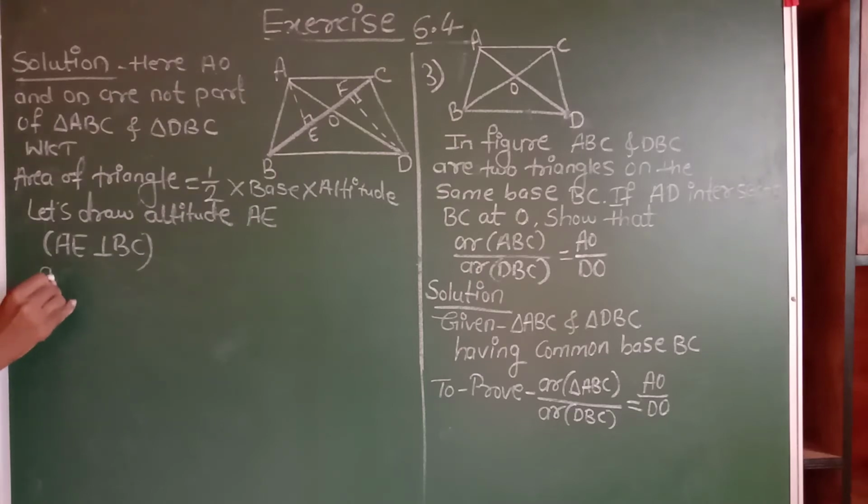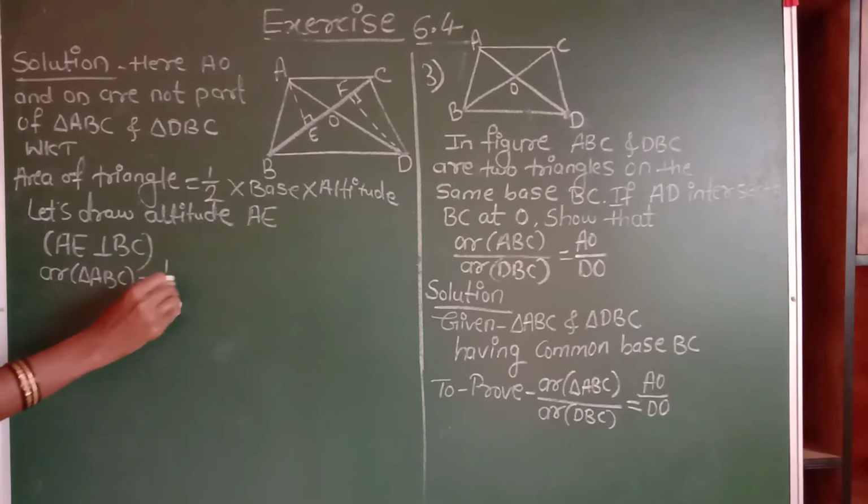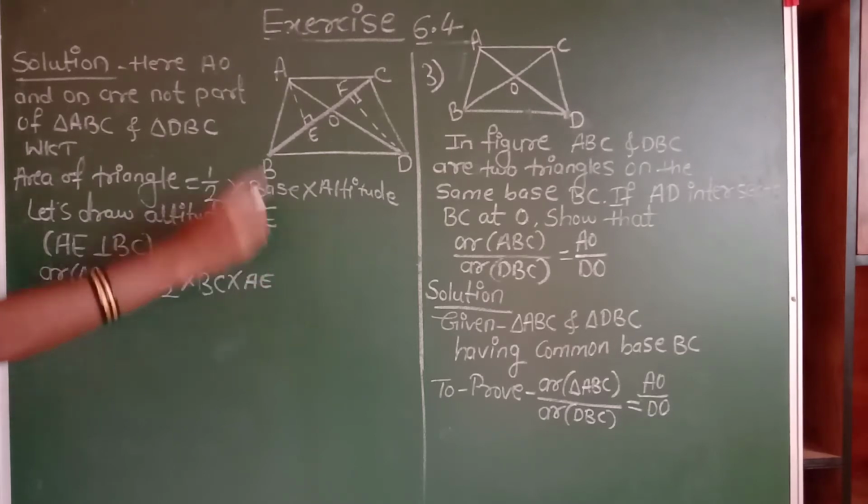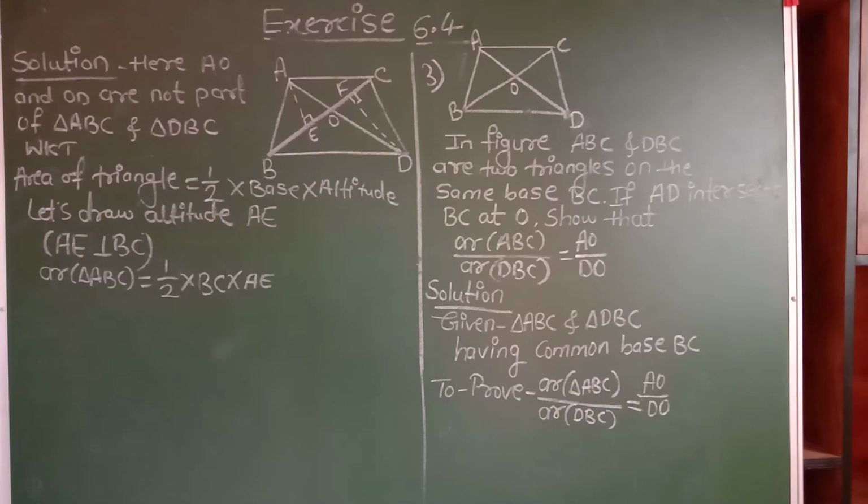Hence we can write the area of triangle ABC is equal to 1 by 2, base is BC and height is the altitude AE.